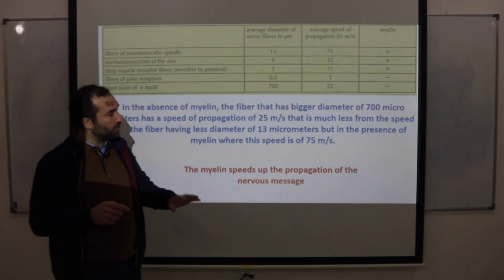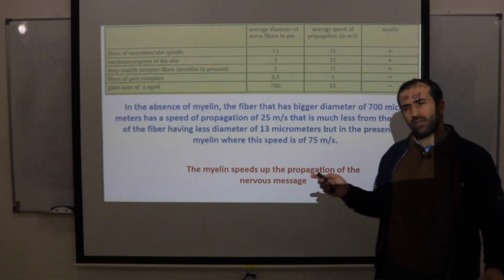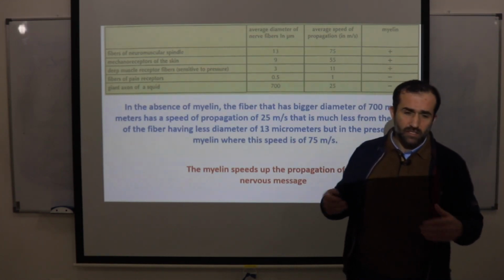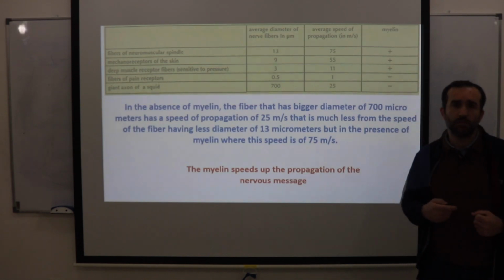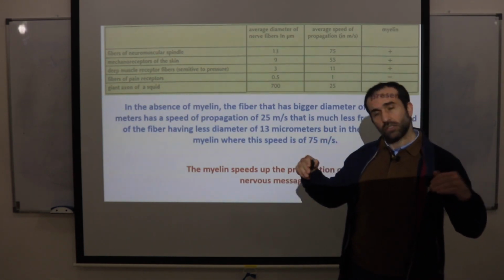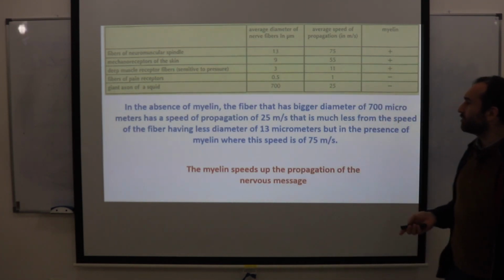And these are not conditions that we can change. There is a third condition that can change the speed, which is the temperature. But since our body temperature is also stable, it is also constant, we can't use this condition to speed up the nerve message propagation.